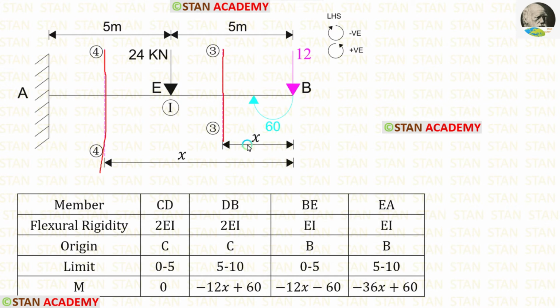I have made both of the sections at a distance of x from the point B. So the origin for BE and EA should be B. The moment of inertia for the span AB is I. So the flexural rigidity for BE and EA should be EI. The limit for BE is 0 to 5. The limit for EA is 5 to 10.